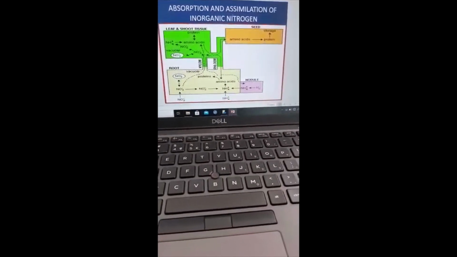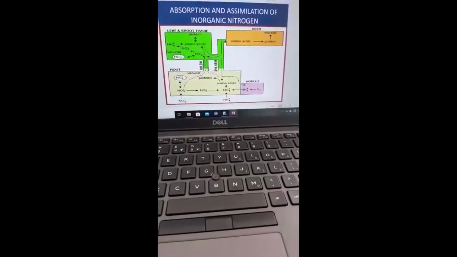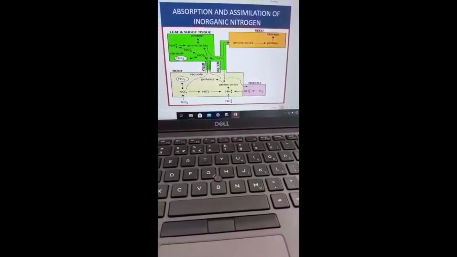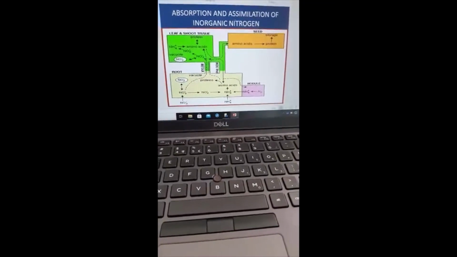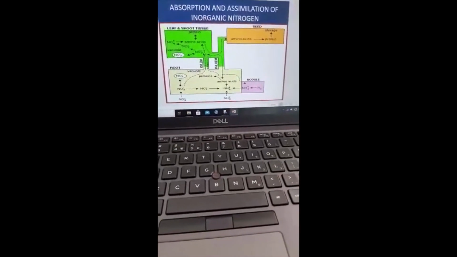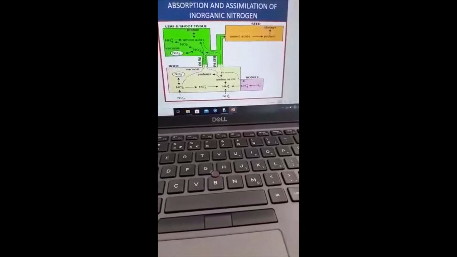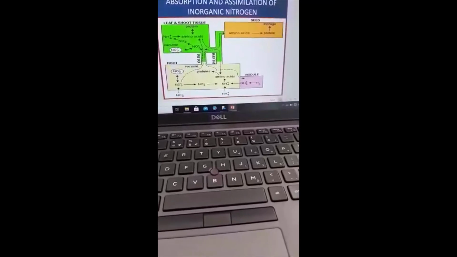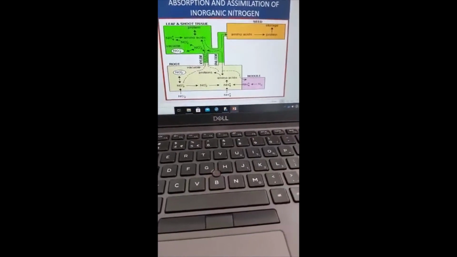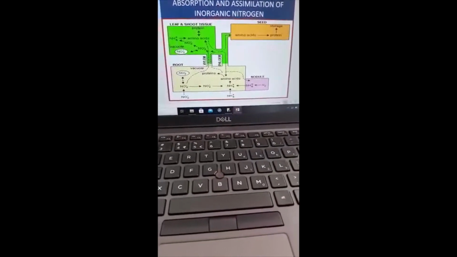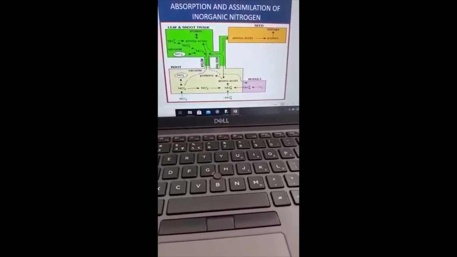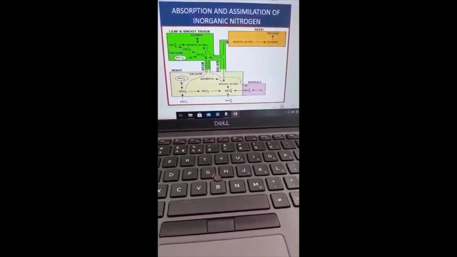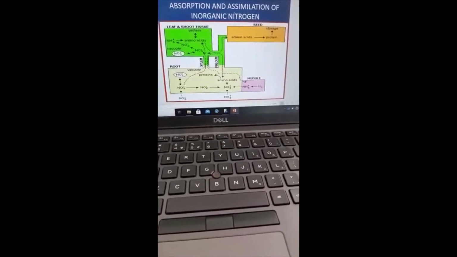So after the absorption of ammonium and the absorption of nitrate, this nitrate and this ammonium can be processed within the roots of the plant, with ammonium largely being processed within the root of the plant. But nitrate can either be processed within the root or it can be transported to the leaf where further processing will take place.